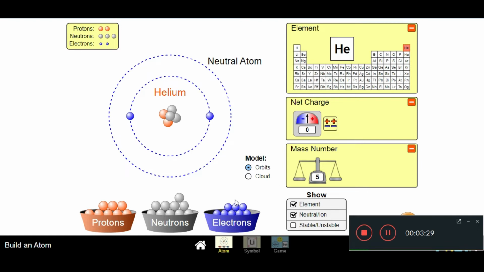Now I'm going to add one more proton. Please observe the element, net charge, and also mass number. Okay, I put it now. You see here, the element now becomes lithium.